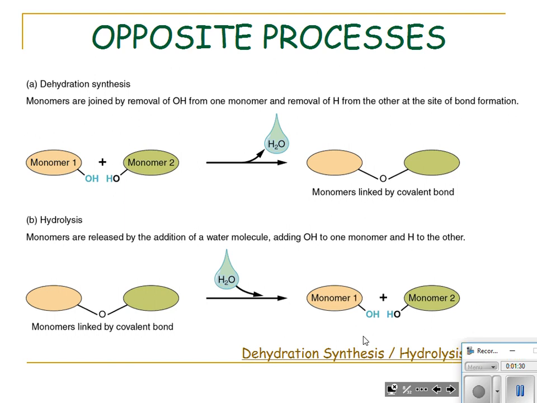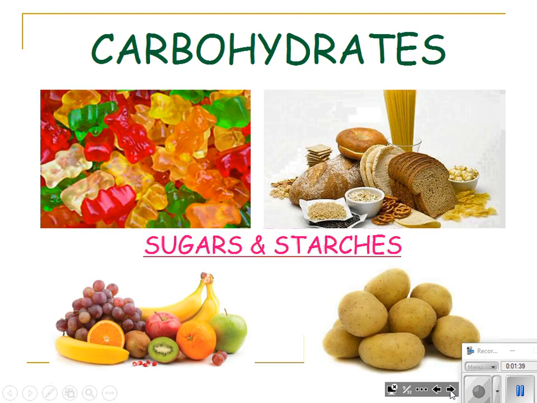Okay? Now, today we are going to start our discussion on carbohydrates. So, certain objectives of carbohydrates. Number one, you should be able to tell me what a carbohydrate is made of when we're completed with this.